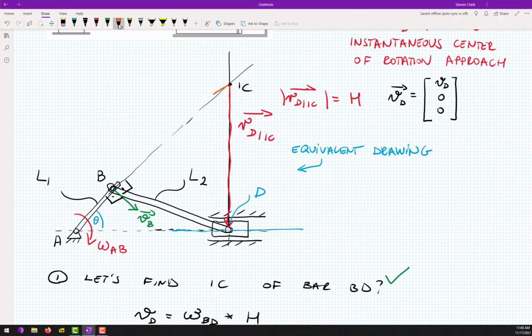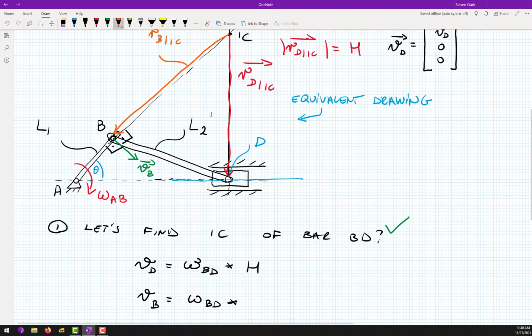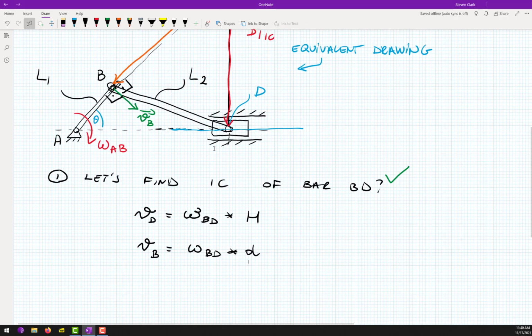This orange vector is R B IC, and let's say that the magnitude of R B IC is maybe small d. But still we don't know what omega BD is and we don't know what d is. We must figure that out, and the rest of the discussion will be spent on figuring out what those distances are. It's clearly a geometric approach.